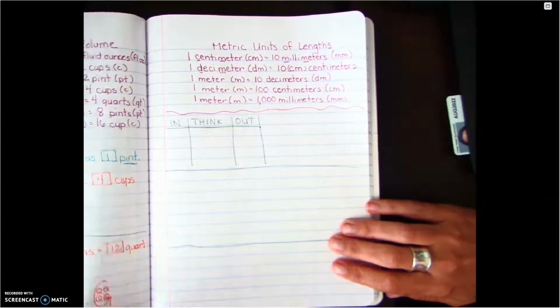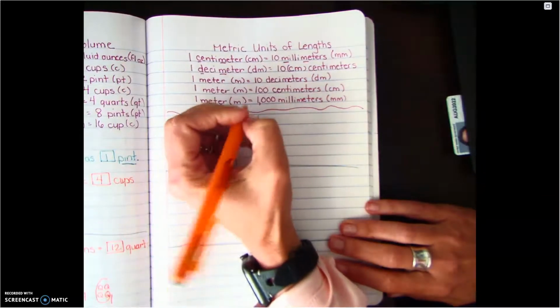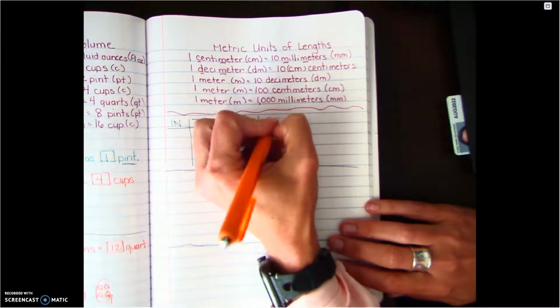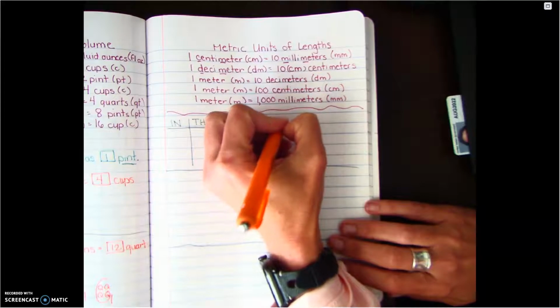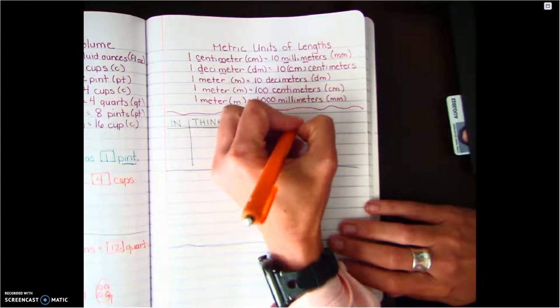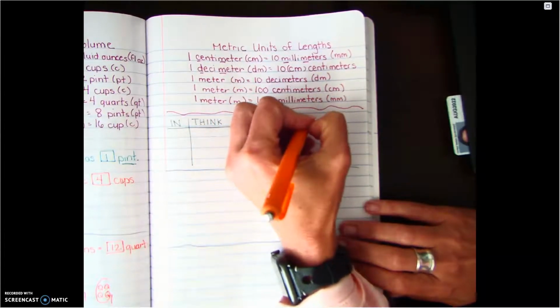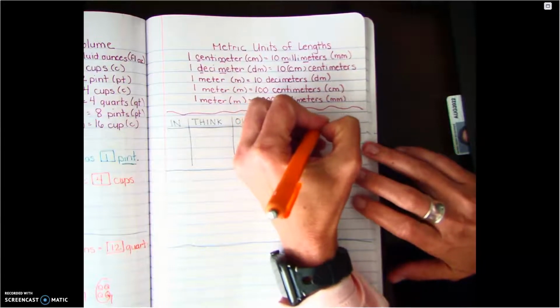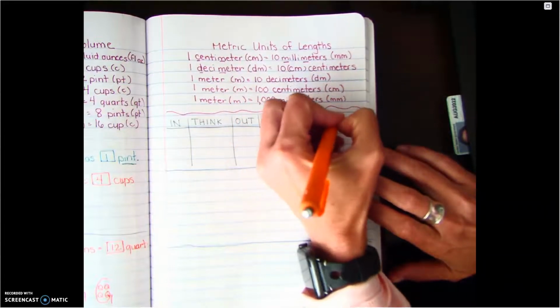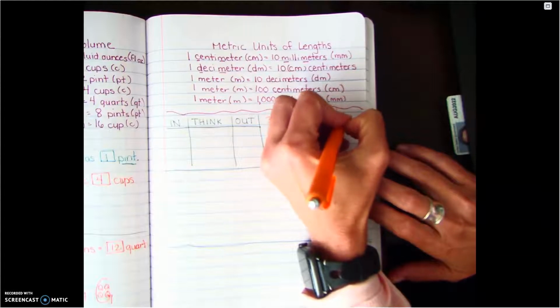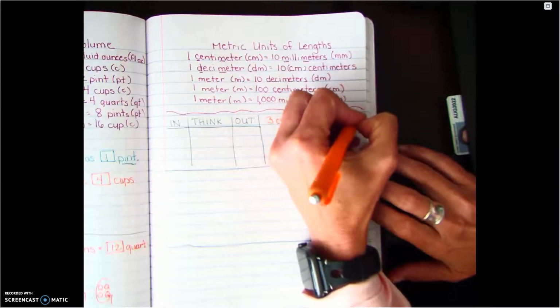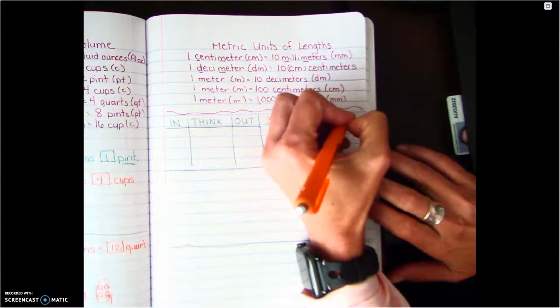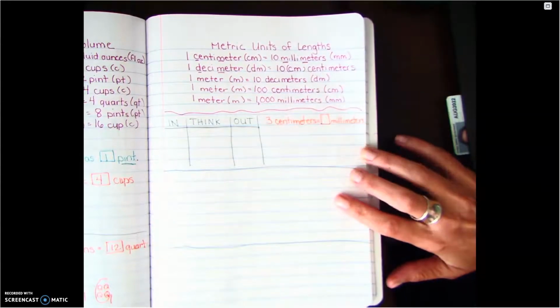Okay, so our problem is going to be, I want to know how many millimeters is 3 centimeters equals box of. If you guys want to write the short way to write it, you can. That's up to you.